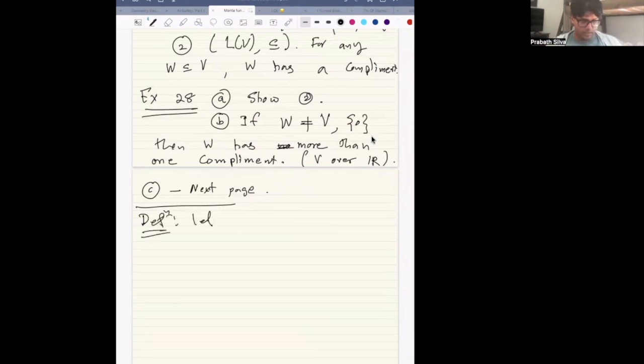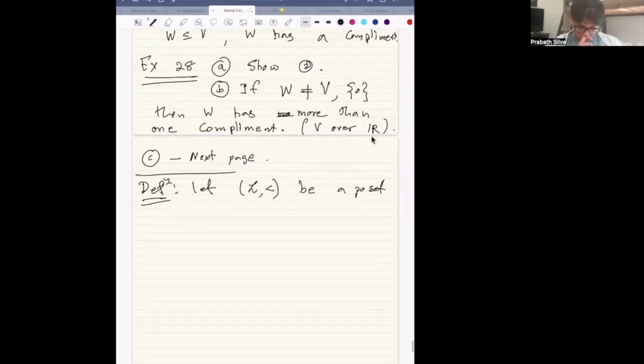Let L be a partially ordered set, a lattice.